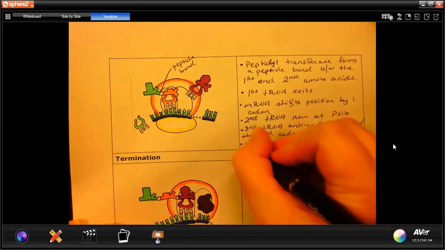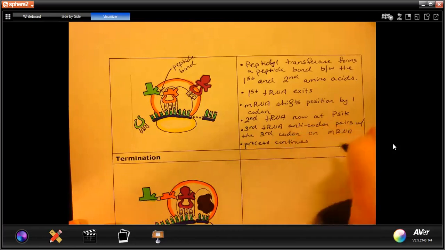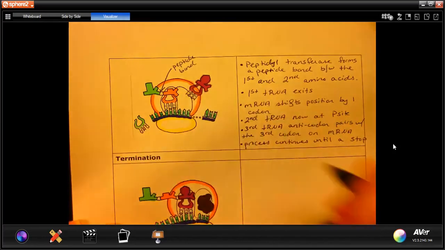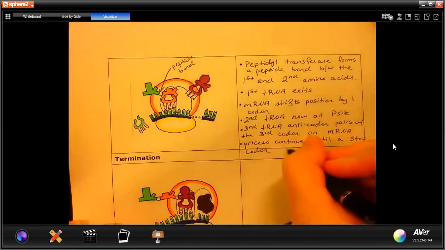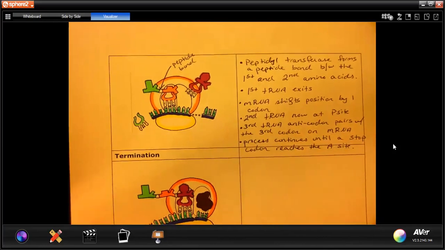So the process continues until a stop codon reaches the A site. Remember, there is only 1 start codon, AUG, methionine. That's it. That's all. But there are 3 stop codons.